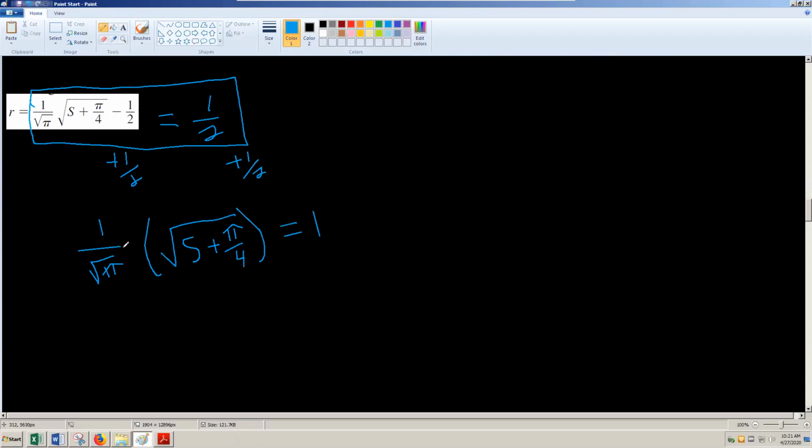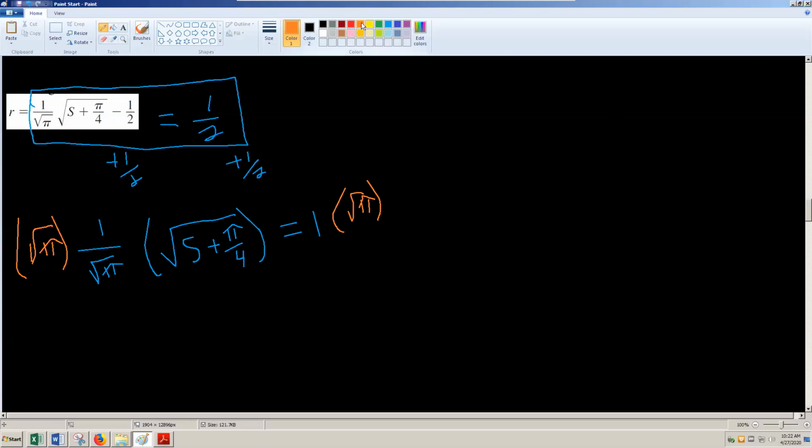From here now, you can think of it two ways. One, you can multiply both sides by square root pi, or you can divide by 1 over square root pi. I personally think of it as multiplication. So I'm going to multiply by square root pi over here, multiply by square root pi over here.